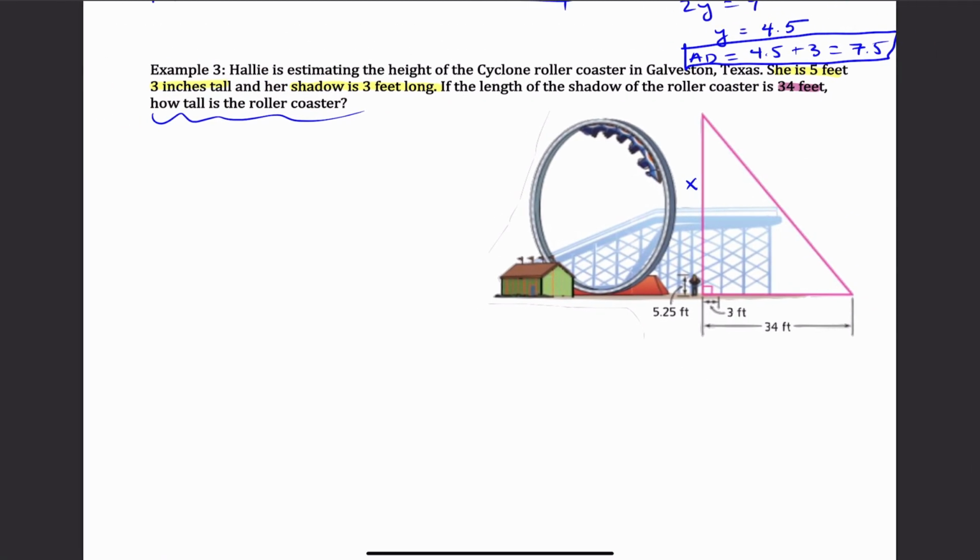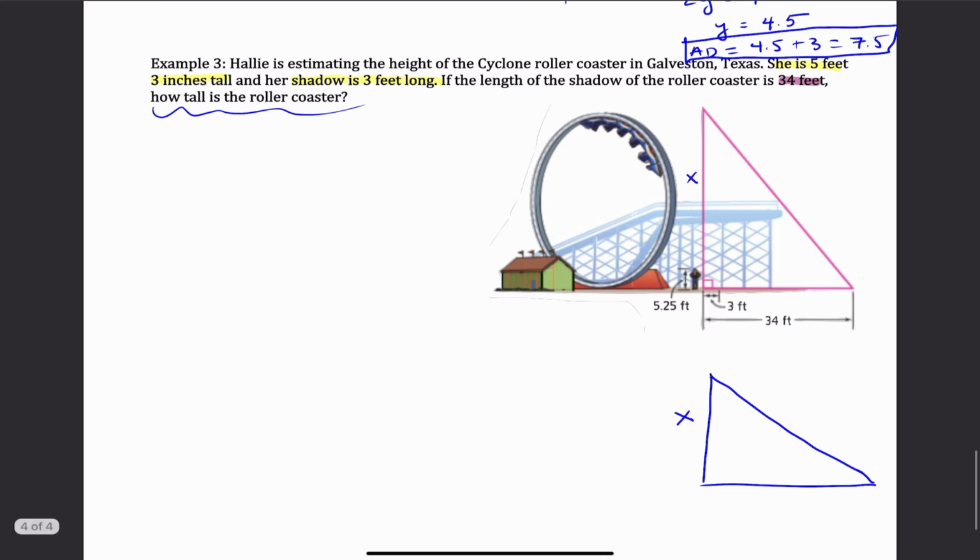Notice that the roller coaster shadow is 34 feet long. So if I were to redraw that figure, it's X feet tall, and the shadow is 34 feet long. And it's a right triangle, so I'm going to draw a square there to indicate that it's 90 degrees.